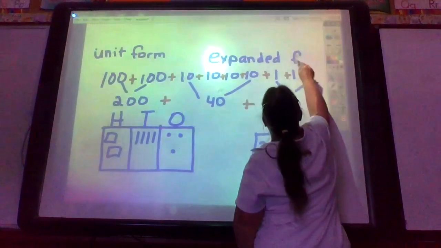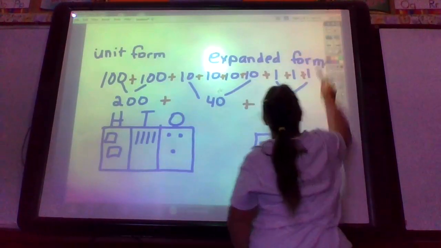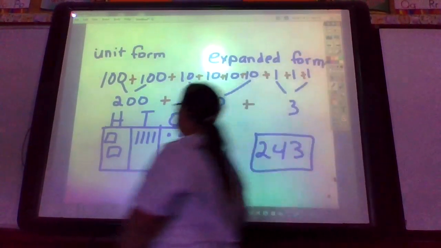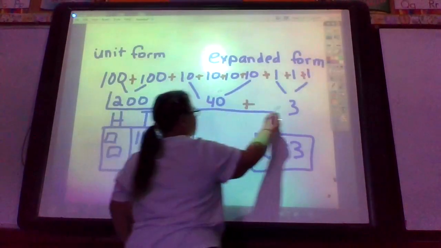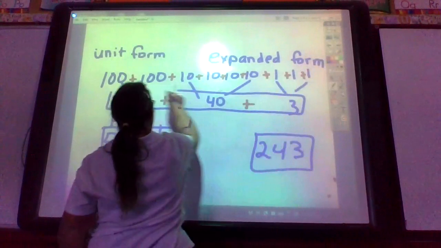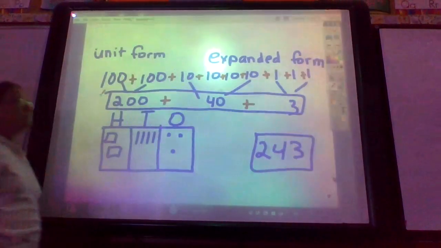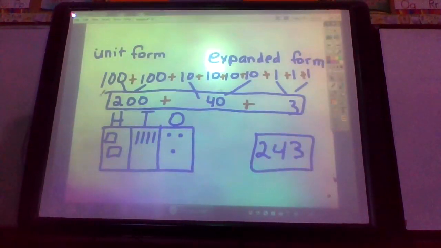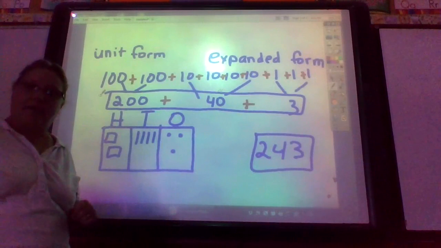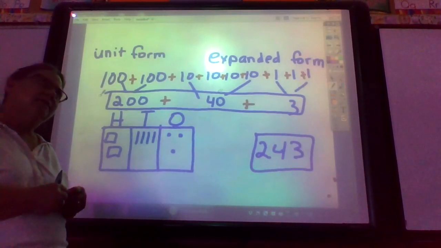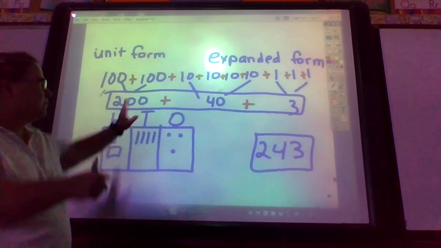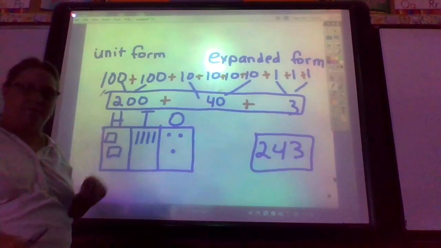It's another big word. Expanded form. This here, what I just put a box around, is expanded form. And that's what we're going to be practicing some today. I started out with it in unit form so that you would see it, and then I worked it through to where I got expanded form.